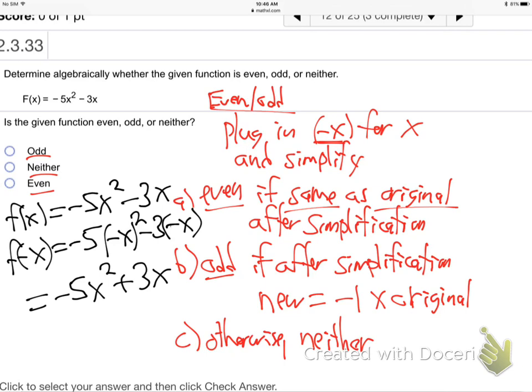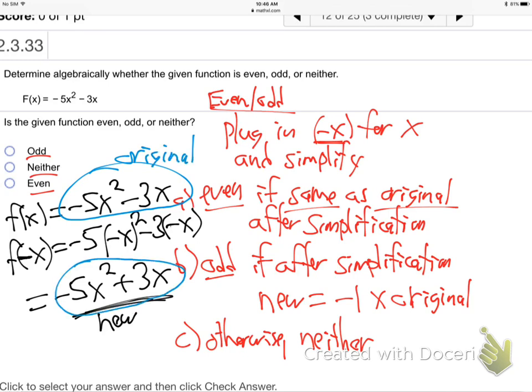So I plugged in negative x, and I simplified. So this is the new. What's the original? Well, it's up here. Here's the original. Here's the new, after I plugged in negative x and simplified, right? Everybody see what happened there? Negative x squared just went away, because a negative squared is just positive. And 2 negatives made positive there.